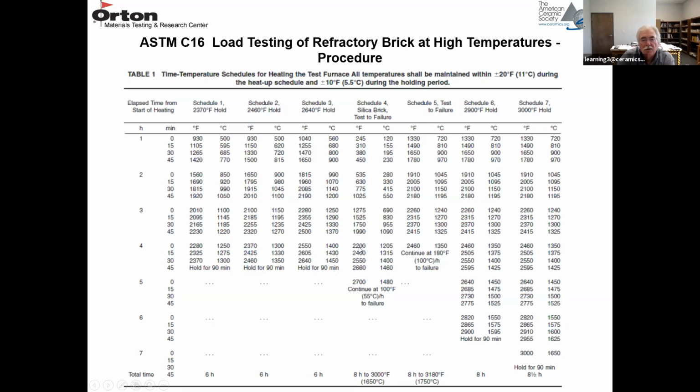So usually silica brick are run to failure, and some other bricks may also be run to failure, MgO or chrome MgO type bricks. So you can either run it with a 90-minute hold, or you can run it to failure. So you hold it at a temperature and get a deformation after the test, or you continue raising the temperature until failure takes place.